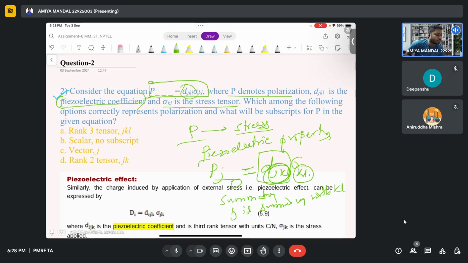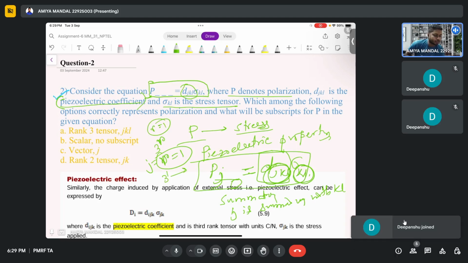Here only i should be there, and if we are using only one index, then r value is 1, with 3 to the power r components. If we were taking k and l, then the r value should be 2. So the r value is 1 here, and 3 components should be there.